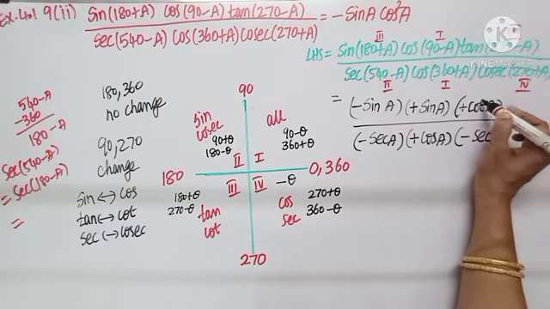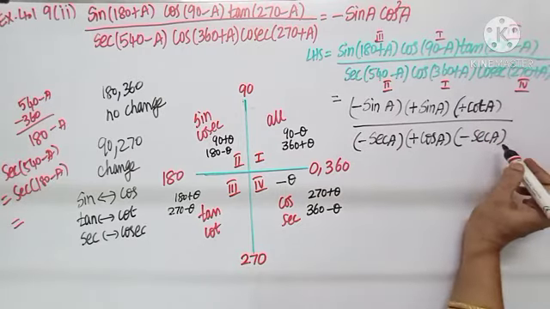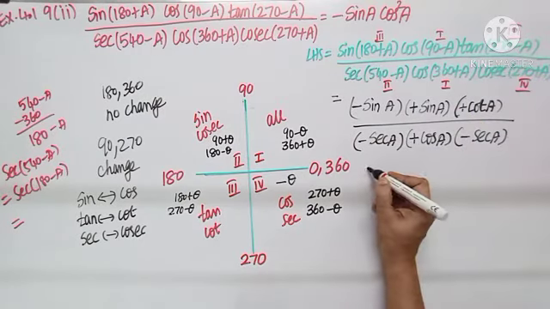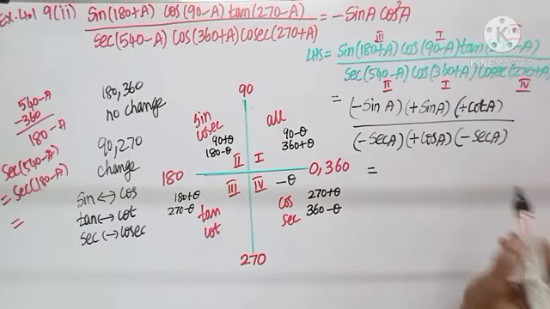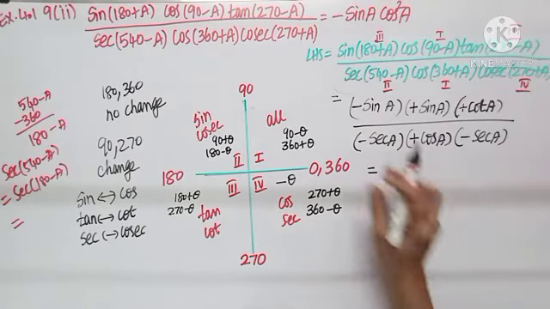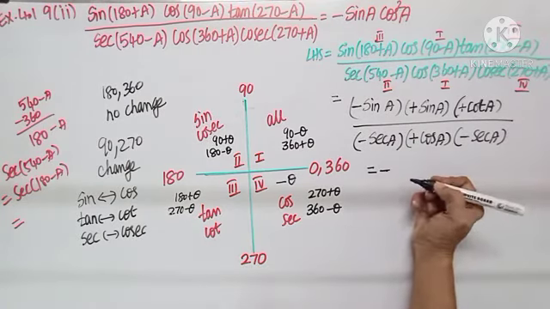Remember, we do not check the symbol of what we transformed. We must check the symbol of the given ratio. Now we will check it. Any terms to get cancelled? No, we shall rewrite minus, minus, minus. How many minus? We have 3 minus symbols, all together negative.